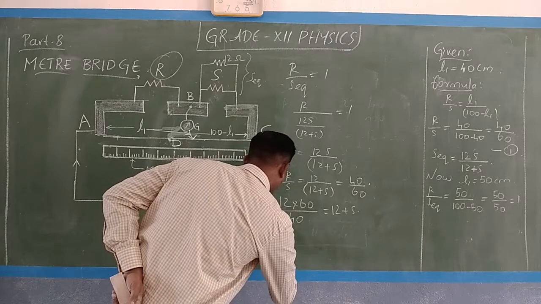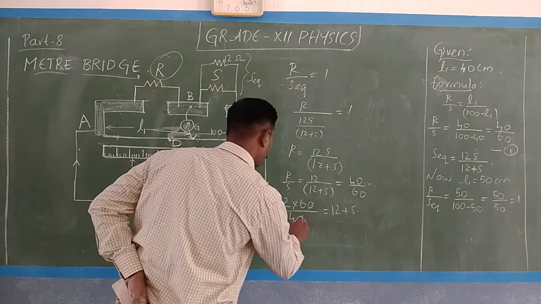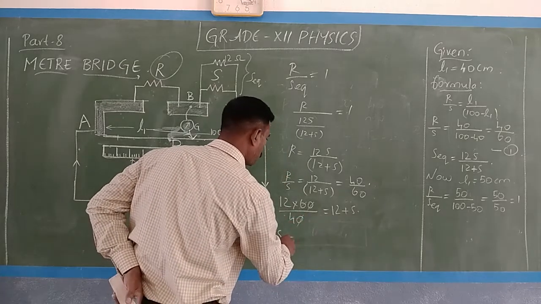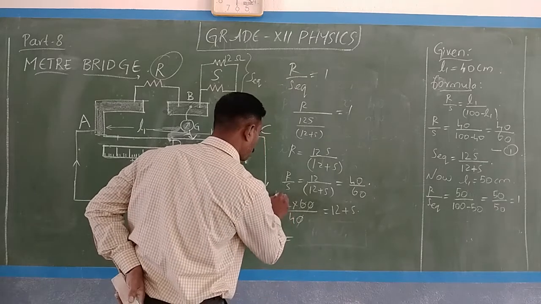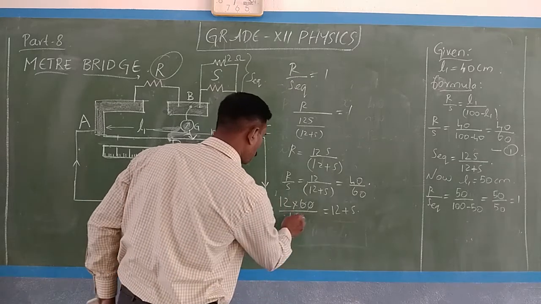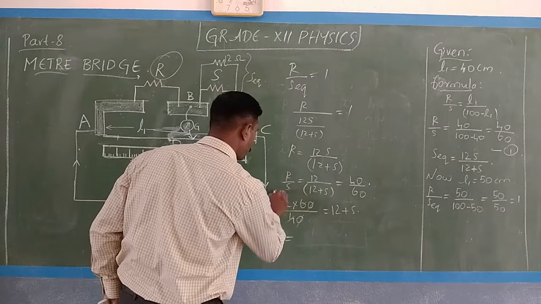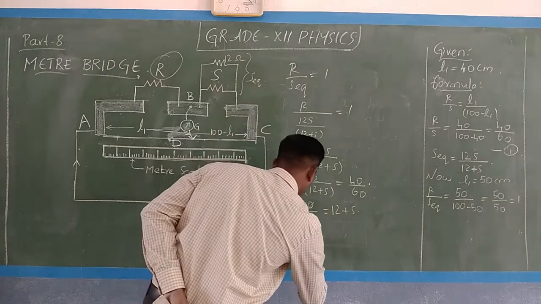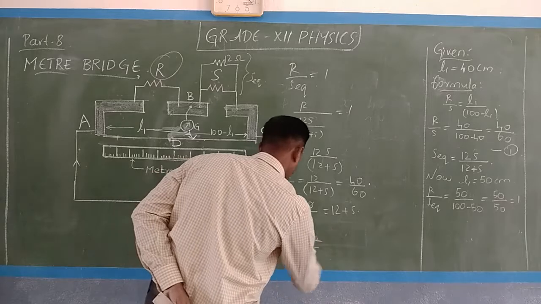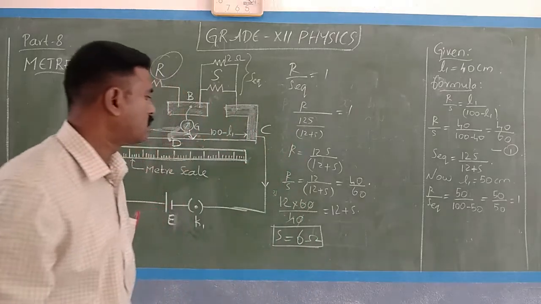The value of S is what? 4 3s are 12, that is 18. 18 minus 12. I am getting 6 ohms. The value I am getting is 6 ohms.